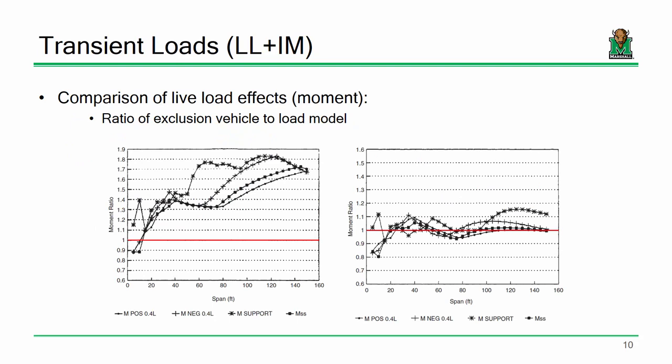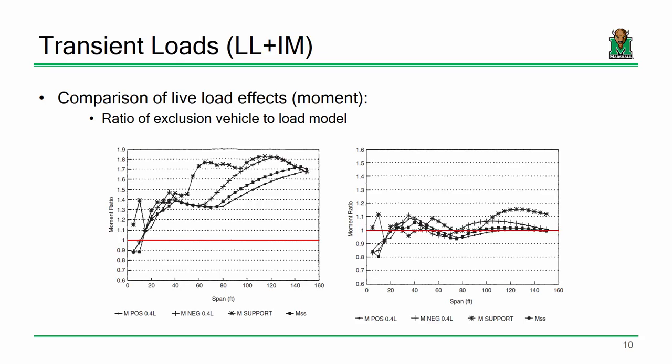Here on the y-axis, what's being plotted is what's called a moment ratio. If I have a moment ratio of, let's say, 1.1, that means that the bridge is seeing 10% more moment than what we're designing it for. You see what I mean? So this was bad. We were dealing with moments that were 80% more than we as engineers were computing. That's bad, okay? Because over time, the loads that those highway bridges were seeing were heavier.